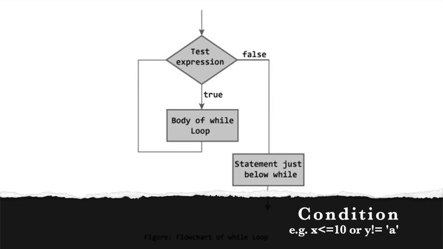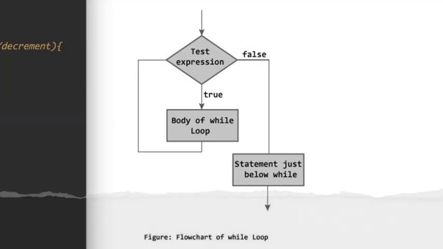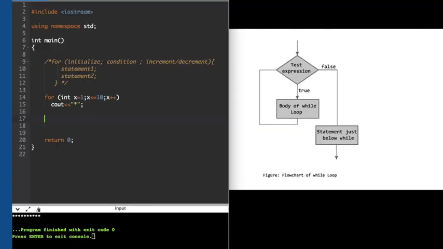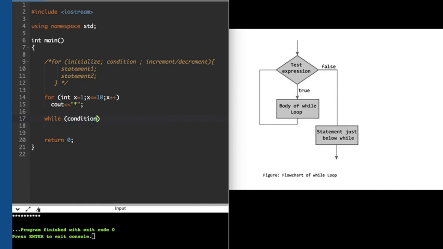So in general, for while, you have to use the word while, and then you have to check the conditions, just like for.